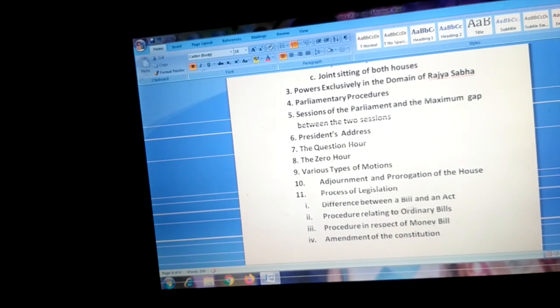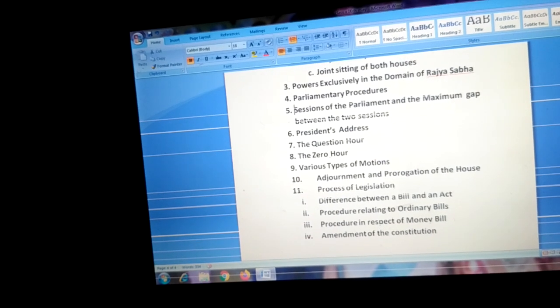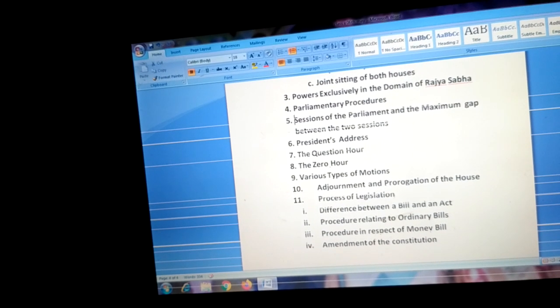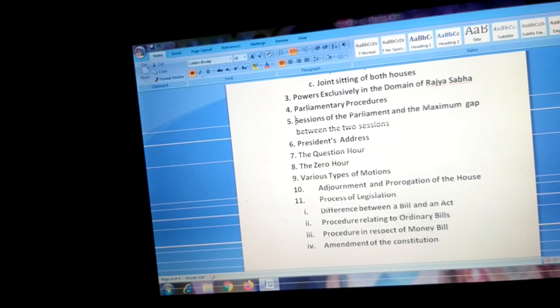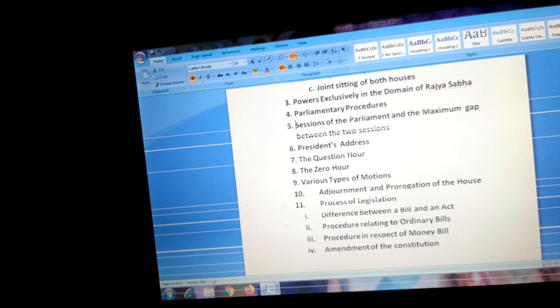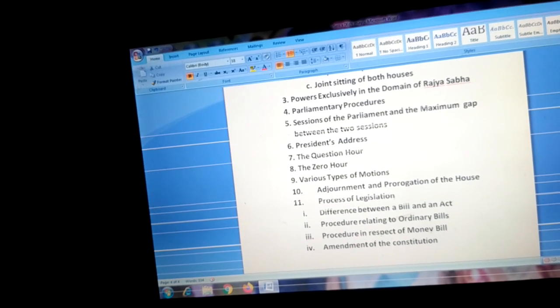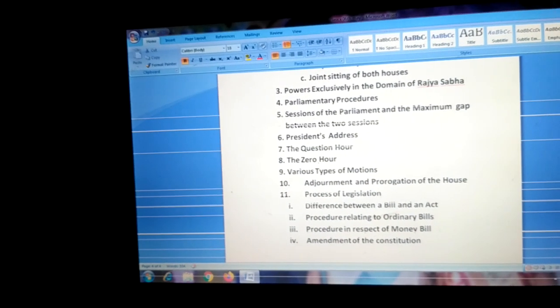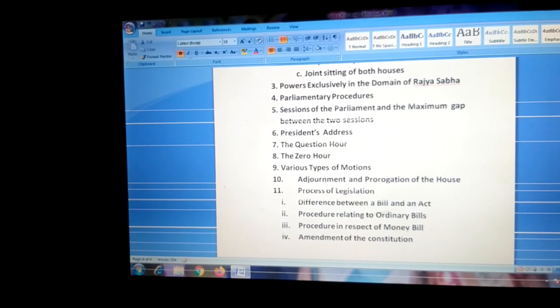And process of legislation, a bill is the draft of a legislation proposal which, when passed by both houses of parliament and assented to by the president, becomes an act.